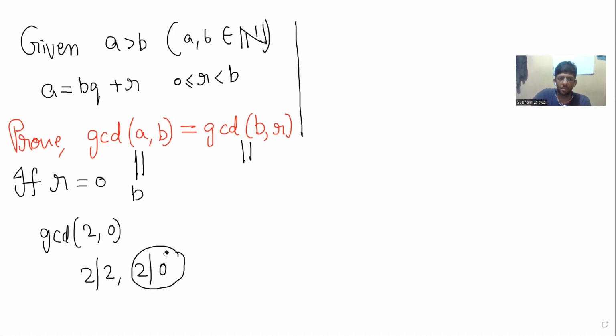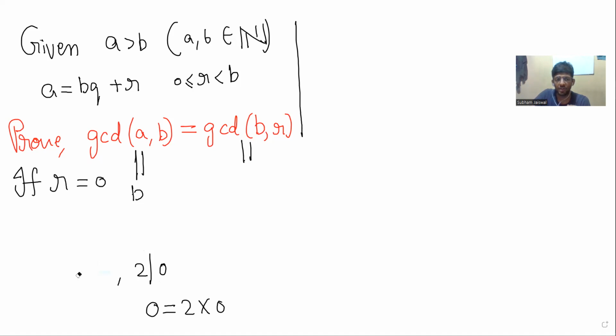You can write 0 as a product of 2 and some other number, and these are all integers. It is obvious that any number divides 0. Any integer, those are the numbers for which it makes sense to ask what divides the other.